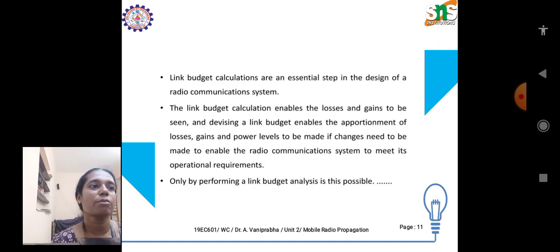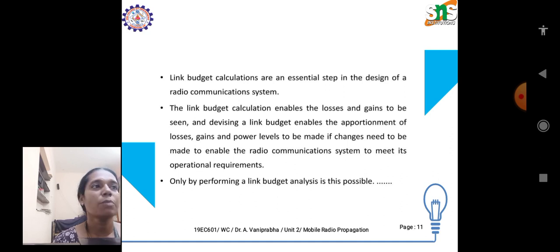Link budget calculations are an essential step in the design of a radio communication system. The link budget calculation also considers the losses and gains to be seen, and devising a link budget enables the appropriation of losses, gains, and power levels to be made if changes need to be made to enable the radio communication system.